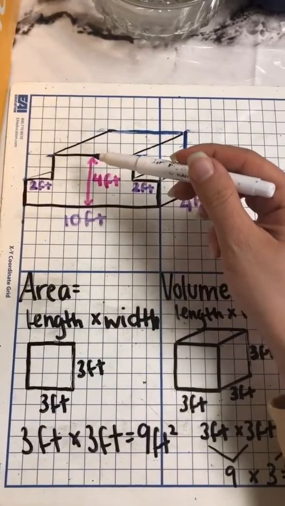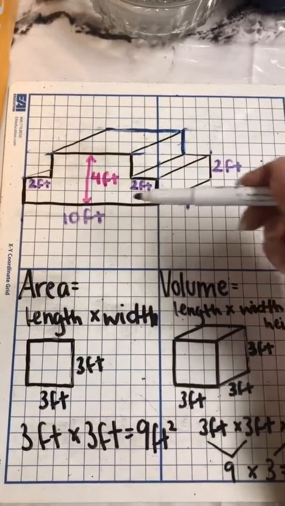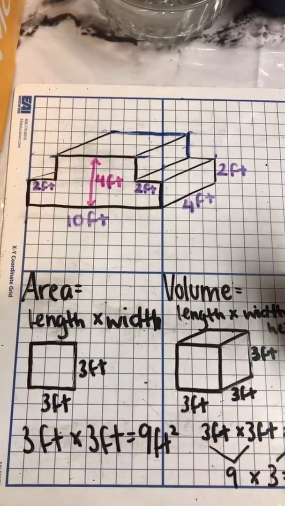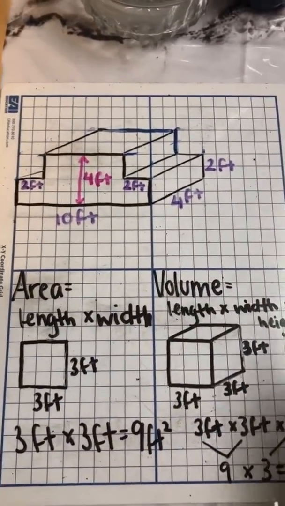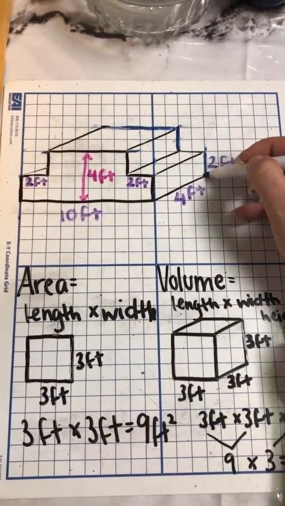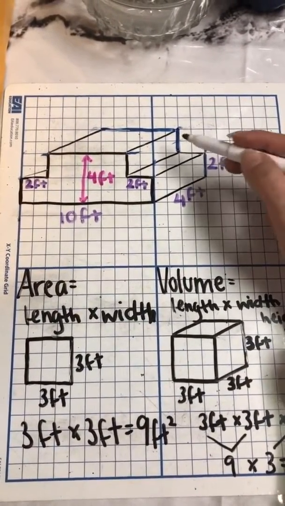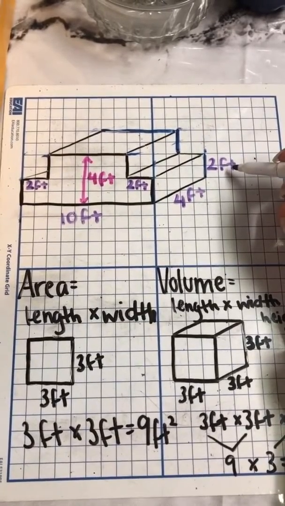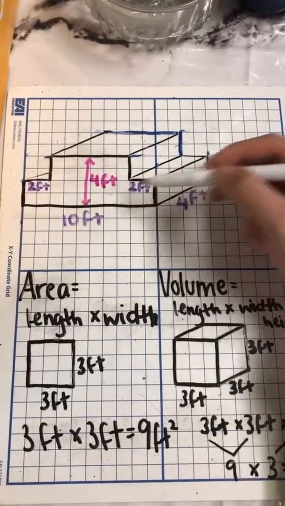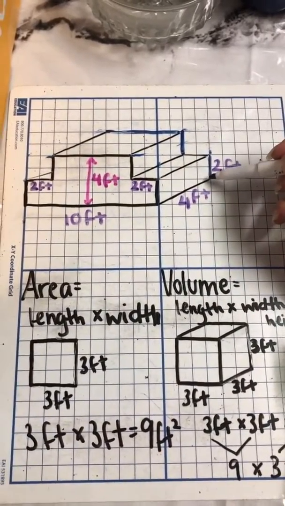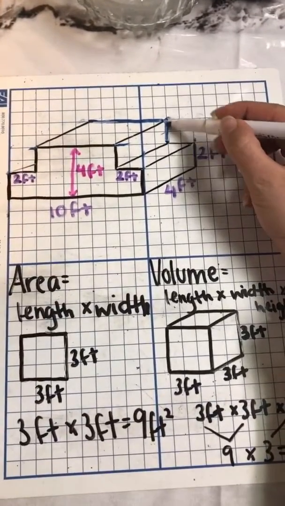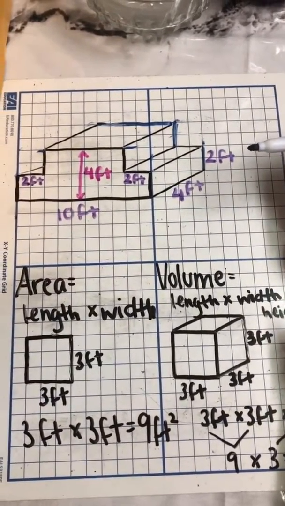Now, I know that the entire height is 4 feet. Let's see where else they have given us a height. This is a height right here. The bottom of this two-part figure is 2 feet. Now, if the entire thing is 4 feet and the bottom half is 2 feet, what do you think we need to do to solve for the missing height?